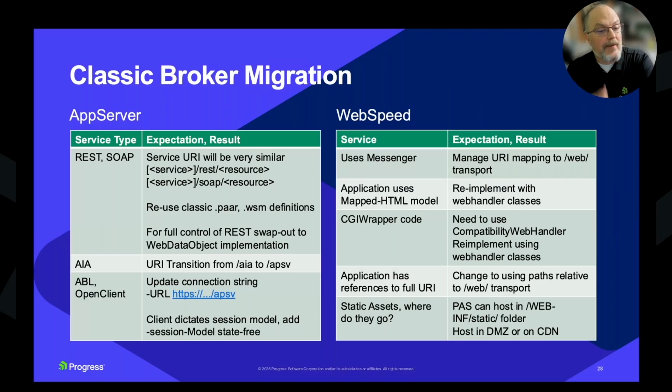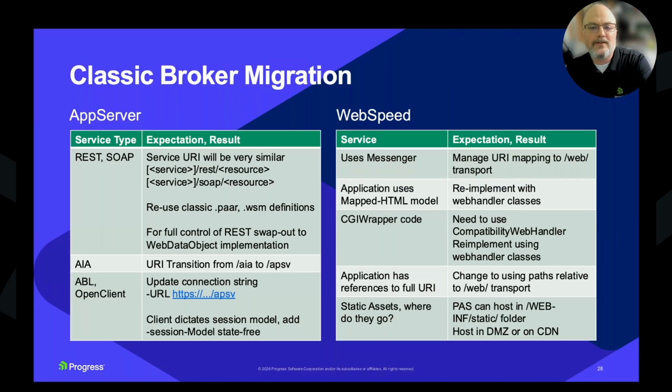Here, what you would need to do in the PAS world is switch out that connection string to have -URL and then HTTPS, whatever your host name and port, and if there's a web app path in there, /apsv. That indicates to the ABL or .NET client that I'm connecting to a PAS instance, and we're going to use HTTP to perform the communication.